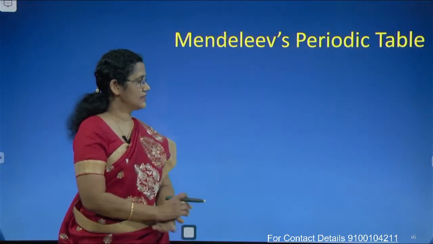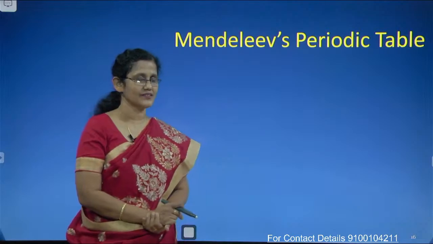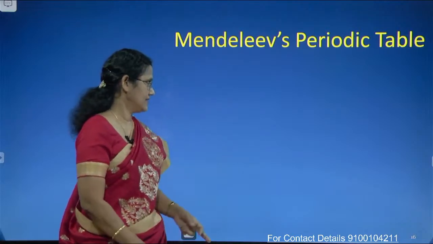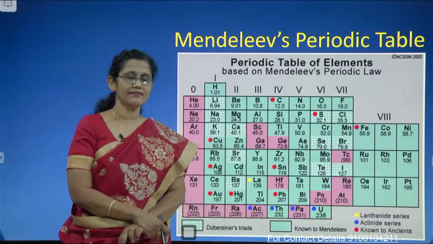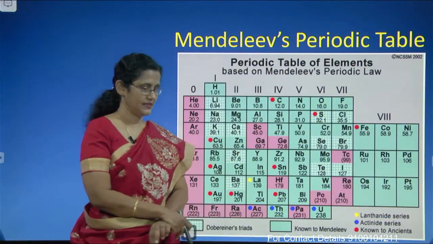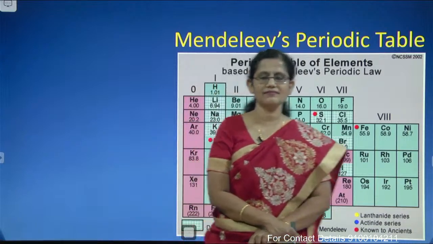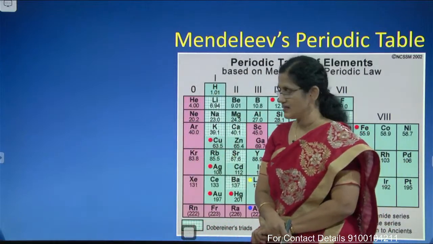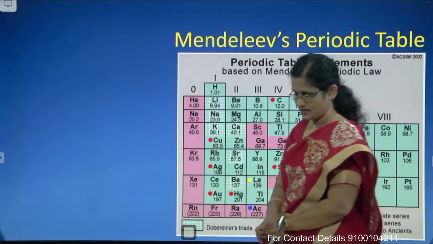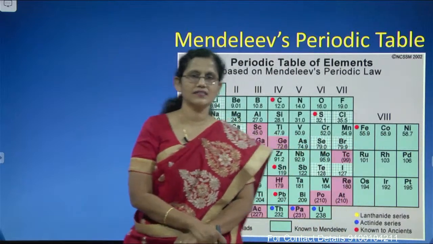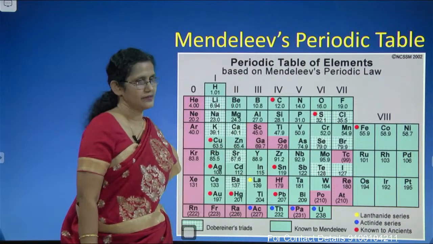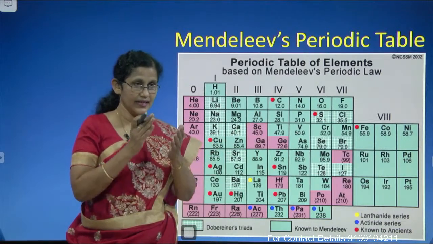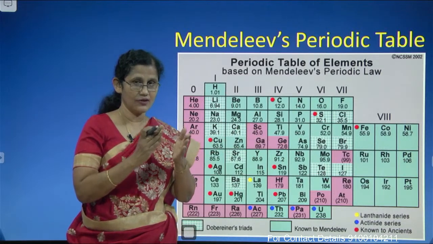Now we are taking one more great scientist, Dmitri Mendeleev. He classified elements and gave a periodic table. The main basis for Mendeleev's classification of elements is atomic mass. So, he gave Mendeleev's periodic law.